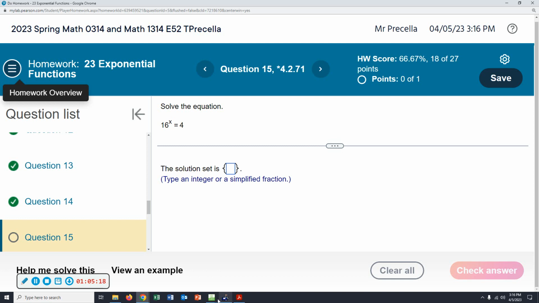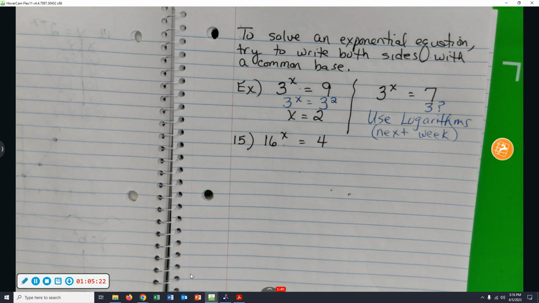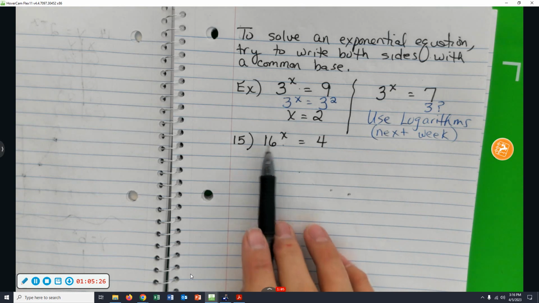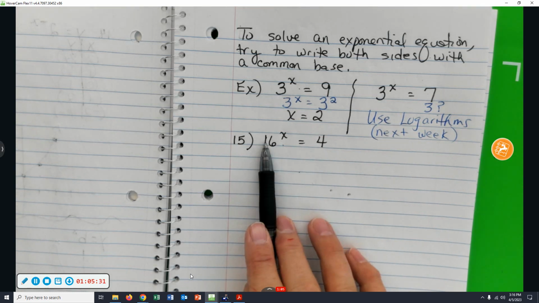Let me switch over. Okay, so you're thinking that 16 is, we got it the same base on both sides.